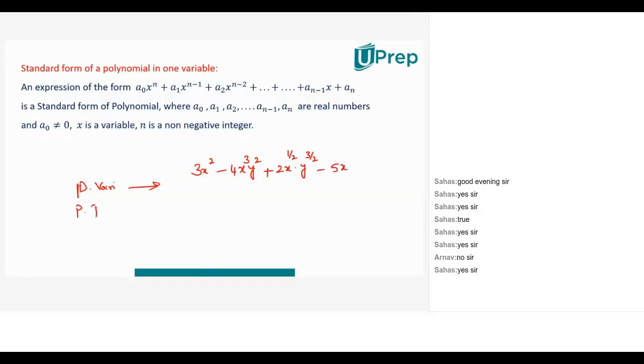What is the power of variable in the first case? It's 2. Here it is 3 and 2. Here it is half and 3 by 2. Here it is 1. But what are the powers of terms? Only one term. Here it is 2. This is 5. This is 1 half plus 3 by 2, that is 4 by 2, that is 2. And this is 1. Right.